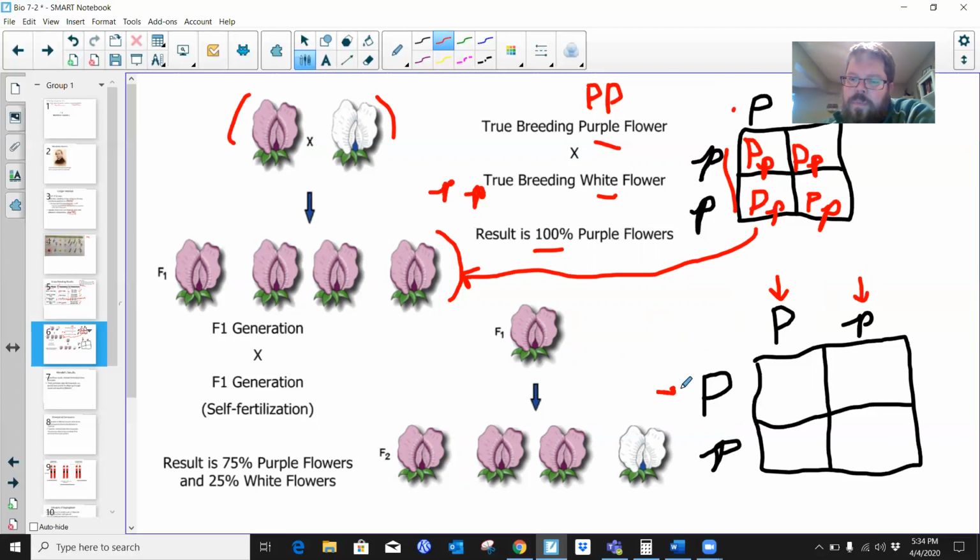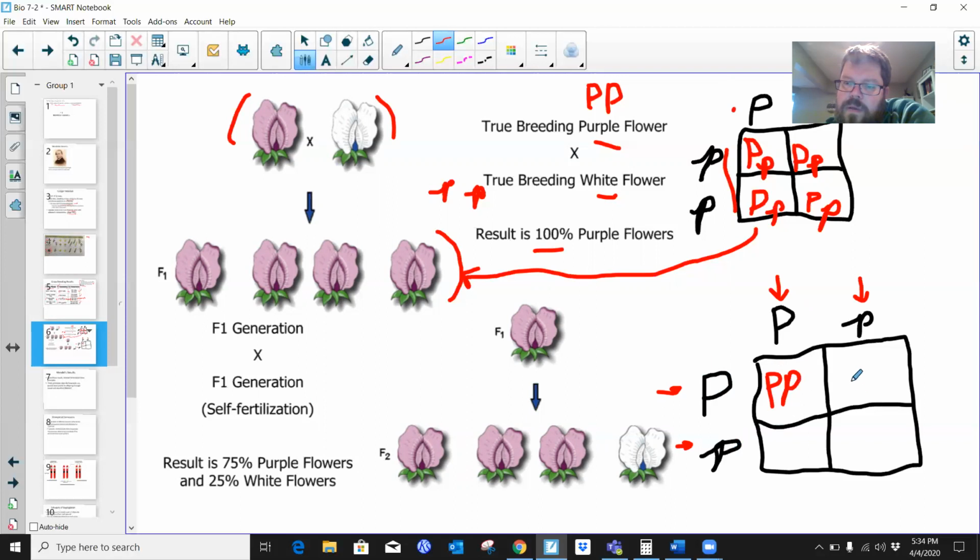Same case for parent number 2, or if it's self-fertilization, the same plant, if you will. Bottom line is that these are the two resulting combinations that could result. And what do we get?